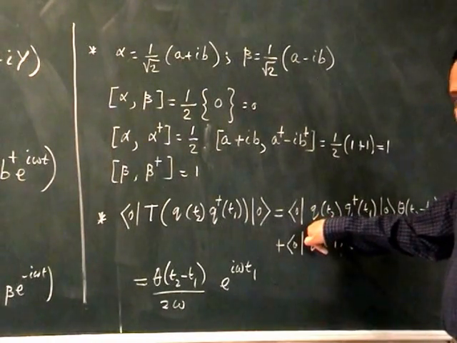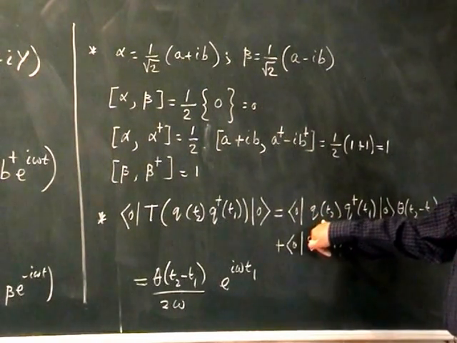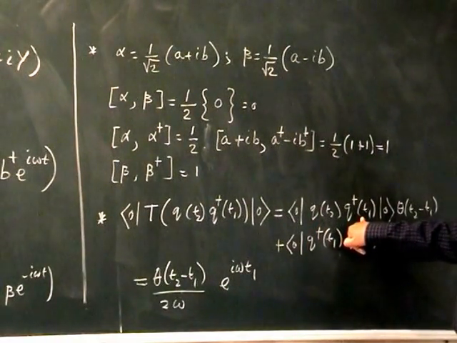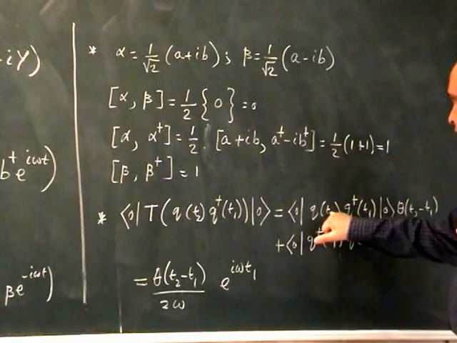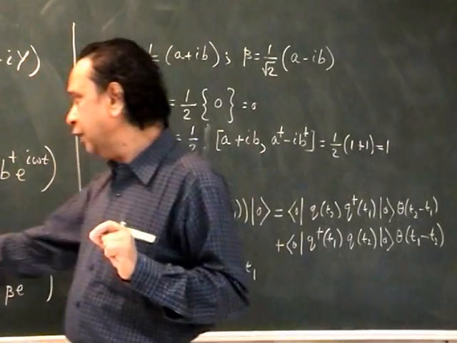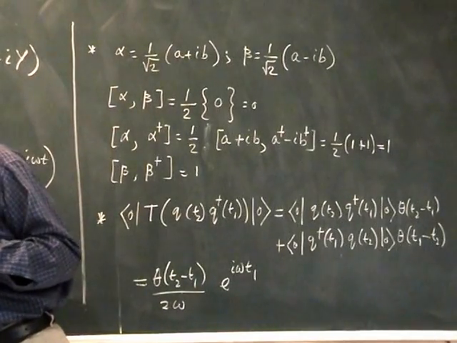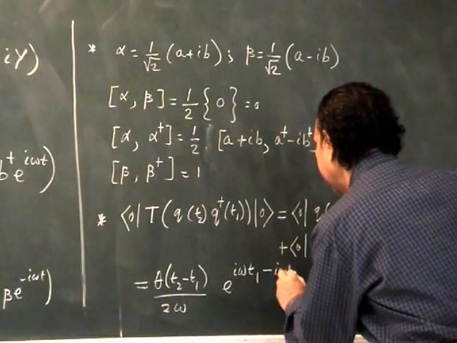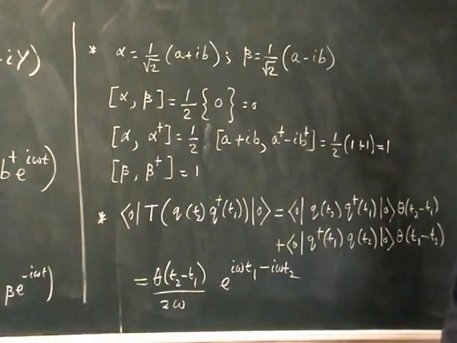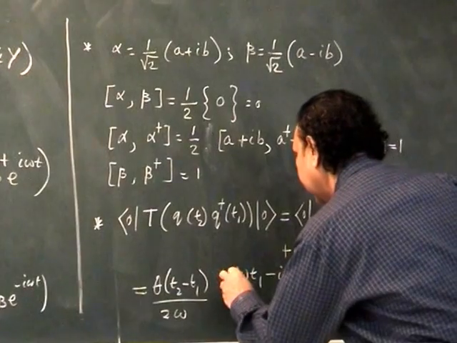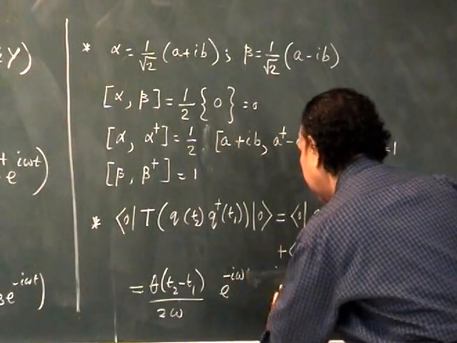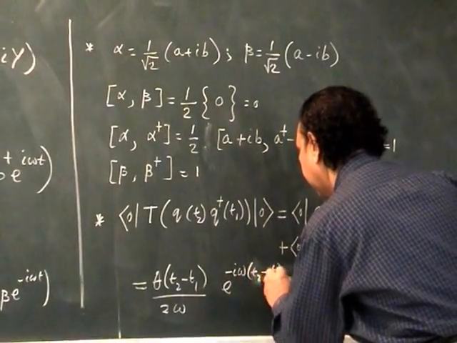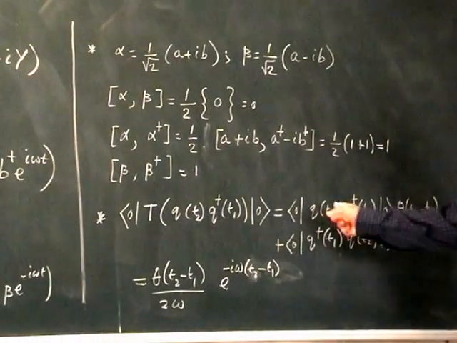So unless this thing annihilates the particle state, I will get 0. Okay? It is a particle state with an alpha kind of excitation, because it is the alpha which created it. So in this Q of t2, I should have an annihilation for alpha, which it is. So I get an e to the minus I omega t2. Okay? So let us write it down together as e to the minus I omega t2 minus t1. This is what that quantity is.